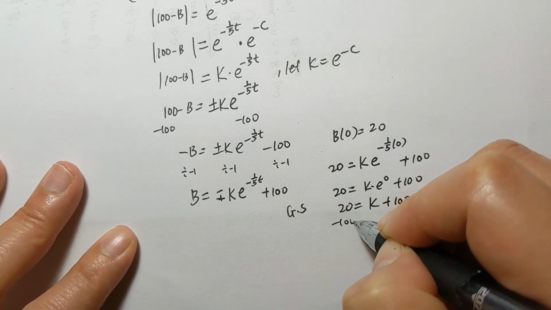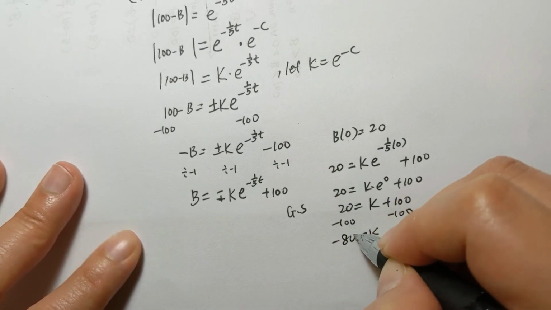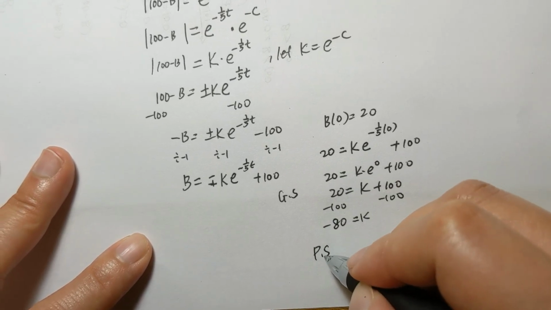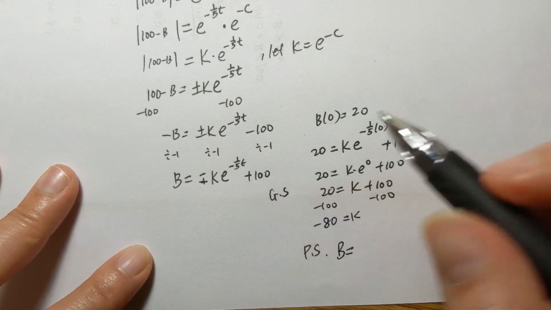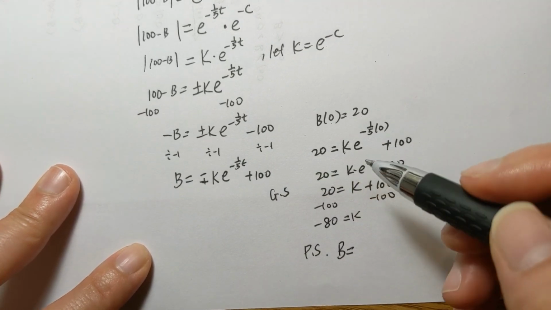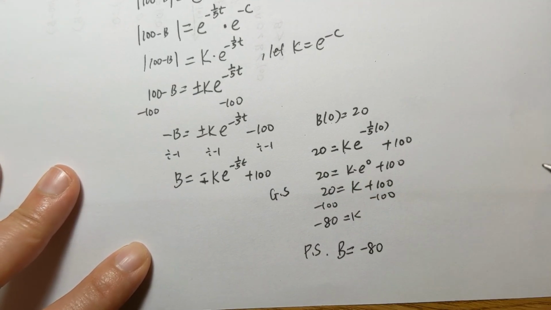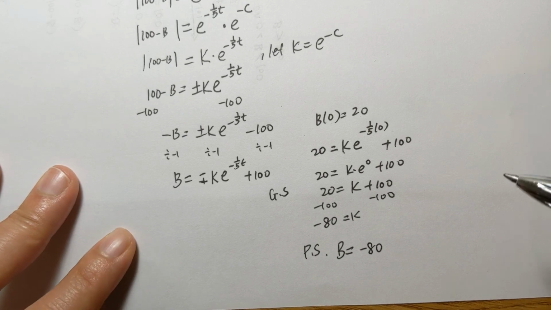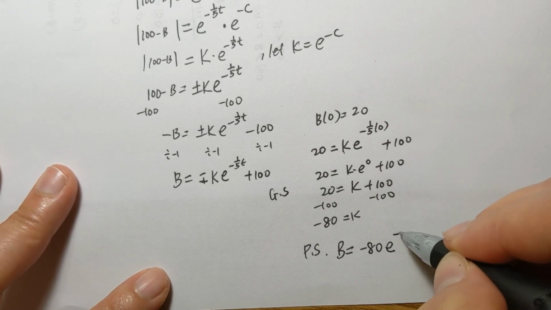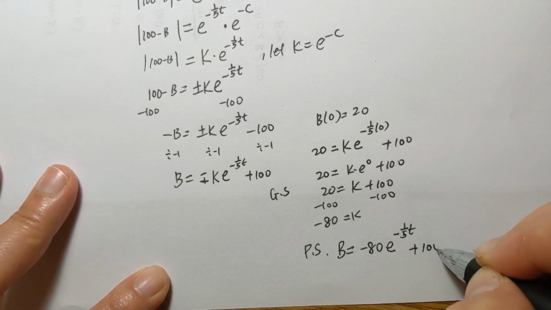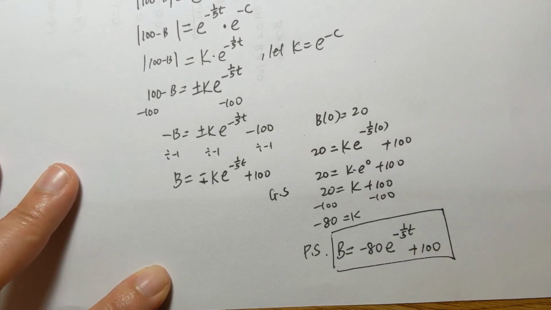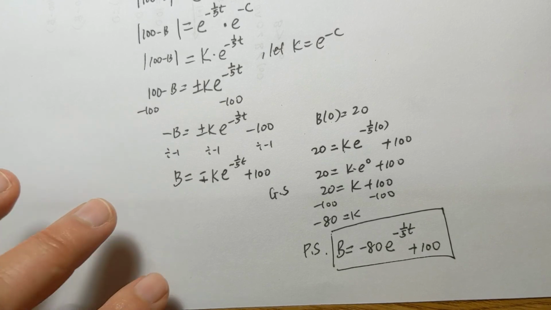Then you subtract 100, and k equal to negative 80. So now your particular solution will be, using the positive branch, B equal to negative 80 e to the negative 1/5 t plus 100. So we finished part C.